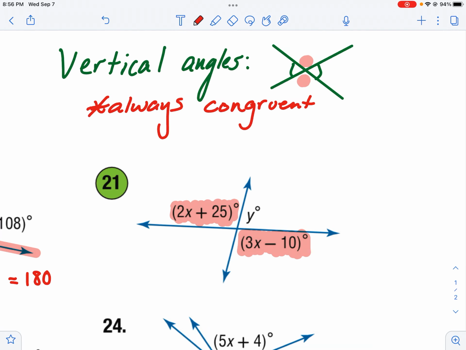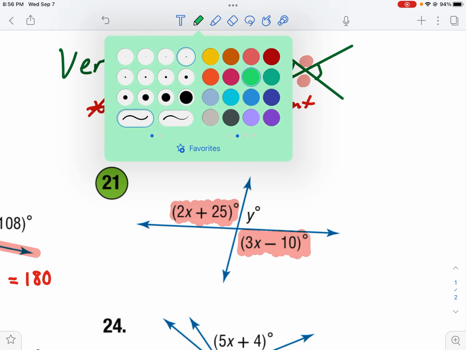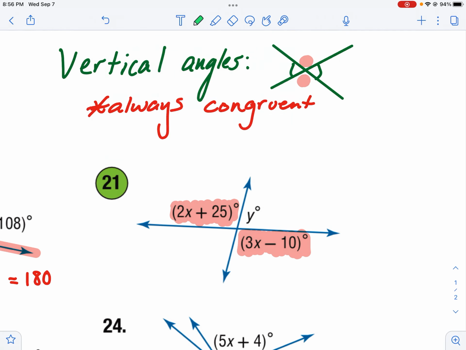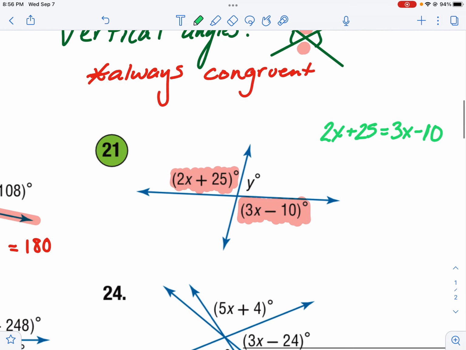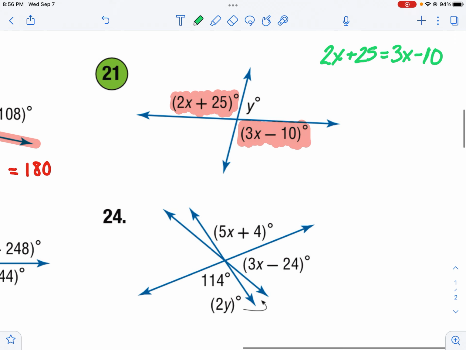So I have two problems really that I need to solve on this question. I'll start with 2x plus 25, and that should be congruent to 3x minus 10. The reason why they're equal is because they're vertical angles, and part of that definition is that they are always congruent. So we need to have those definitions down. Let's take a minute here on your own, pause the video, solve for x, unpause, check your answer.